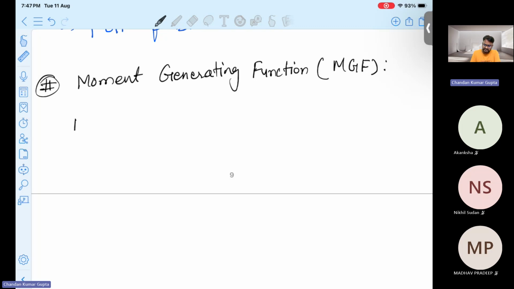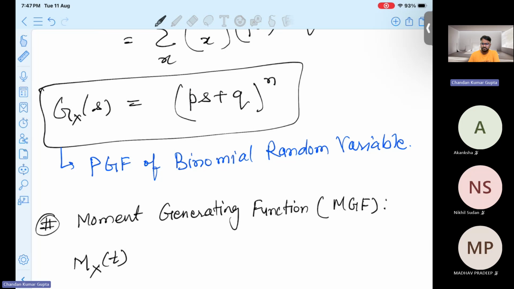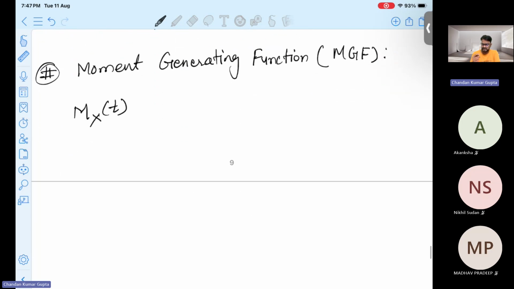It is usually denoted as Mx(t). The probability generating function is Gx(s); this is the standard notation. The moment generating function Mx(t) is defined as the expected value of e to the power tx. Here t is the dummy variable, obviously.